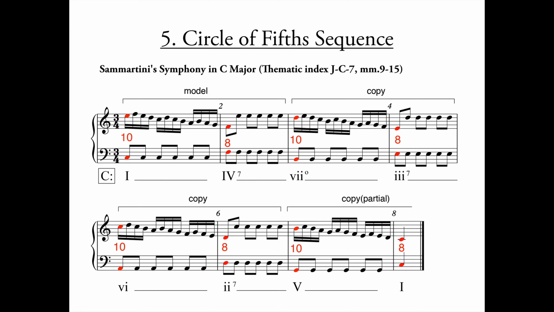The Sammartini has a slower harmonic rhythm than the previous example. The model here is 2 measures long rather than a half bar, and the harmonies change every measure. So the harmonic rhythm here is 1 chord per measure.